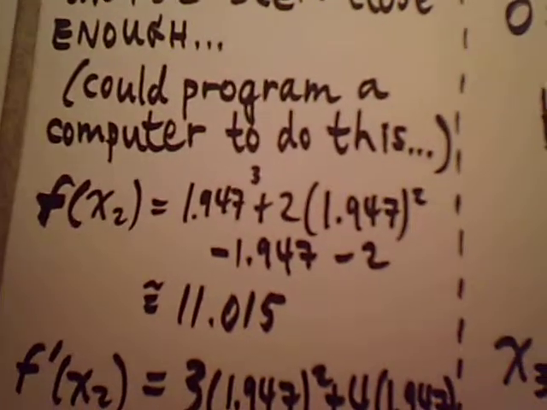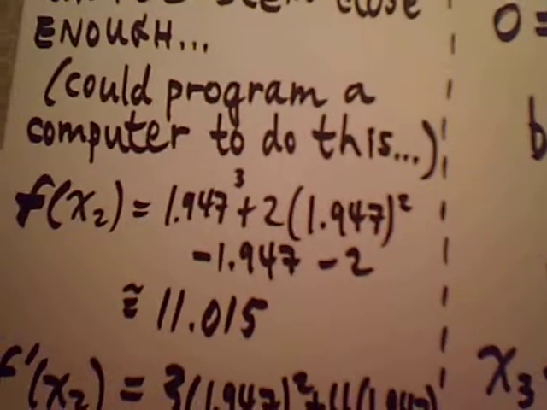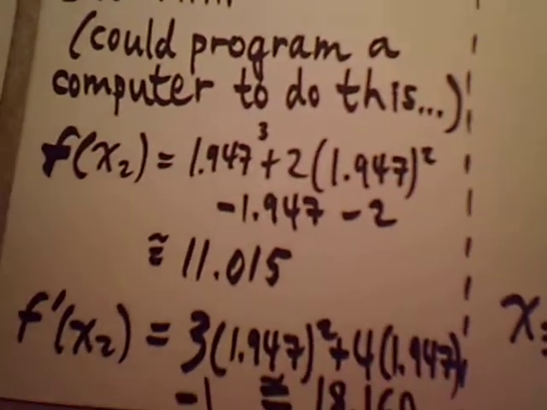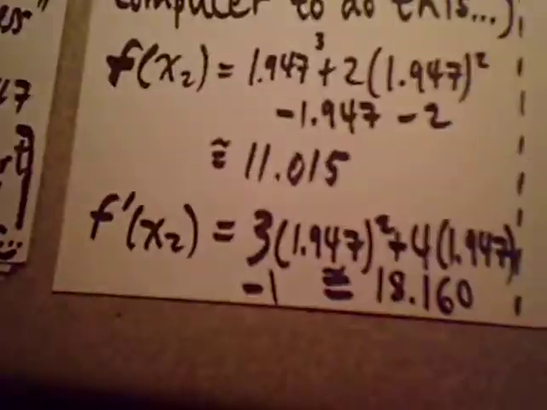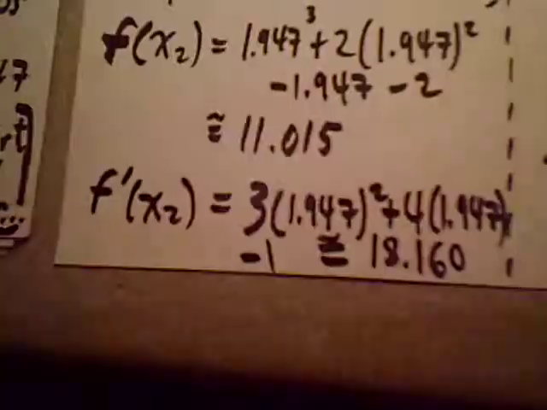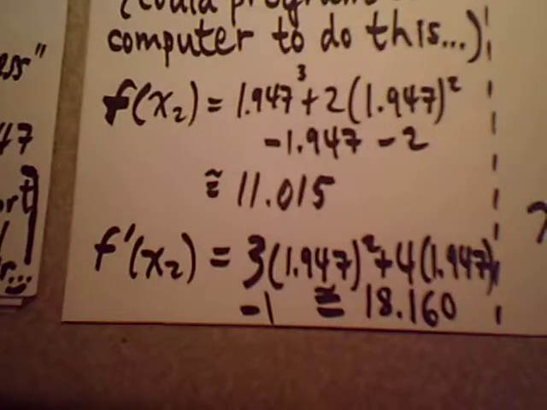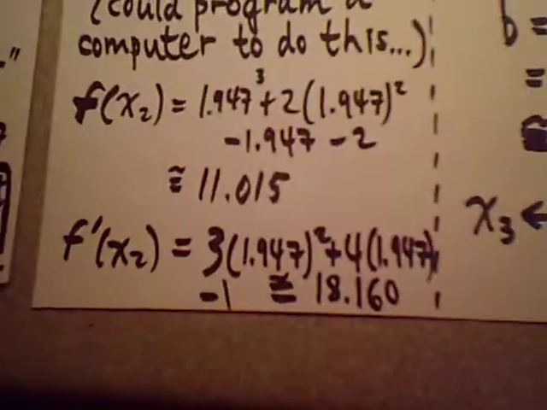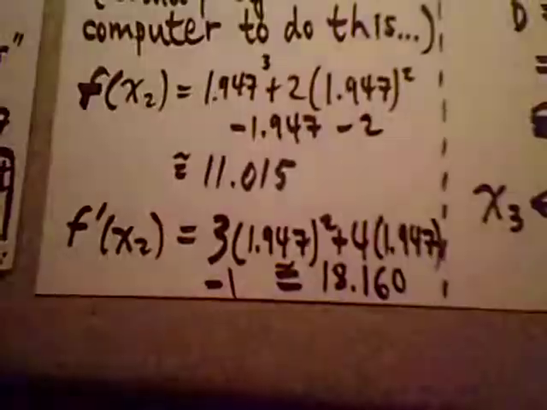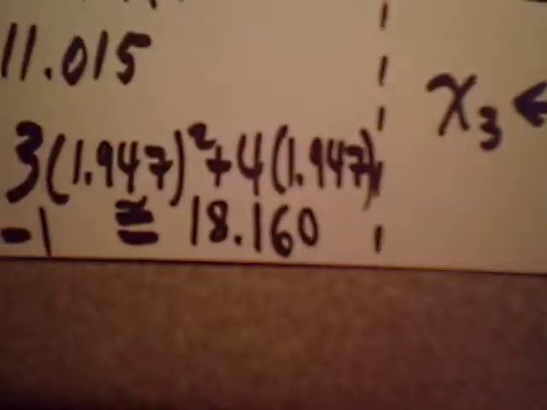So 1.947 cubed plus 2 times 1.947 squared minus 1.947 minus 2 is 11.015 approximately. I'm not worried about the approximation. We already know that the slope of the function is 3x squared plus 4x minus 1, and we're putting the 1.947 value in there as well, and calculating it out, 18.160.